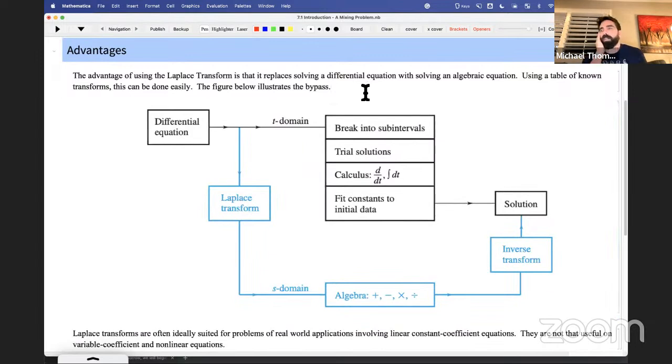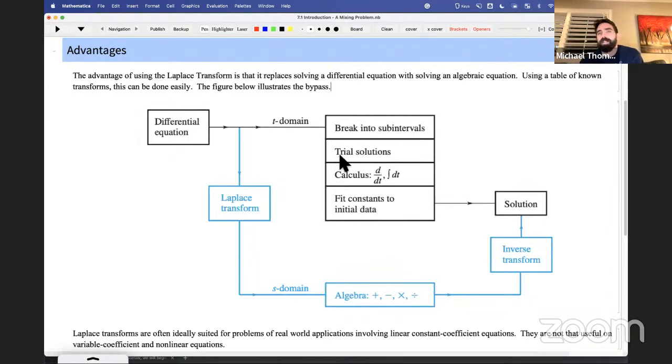All right, so this is our old way of doing it. If you follow the black arrows here, we stayed in the t domain. We started with our differential equation. We stayed in the t domain, and this involved all of the different methods we had for solving these things. So this one was piecewise, so we had to break it into subintervals. In each one of those subintervals, in this case, you'd use undetermined coefficients because we had that constant forcing term.